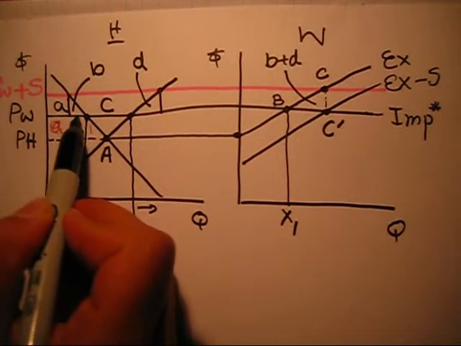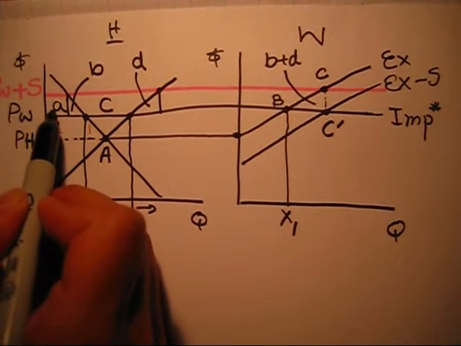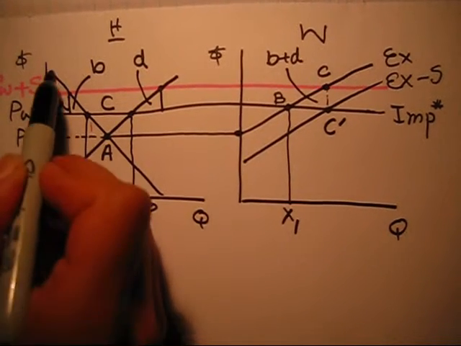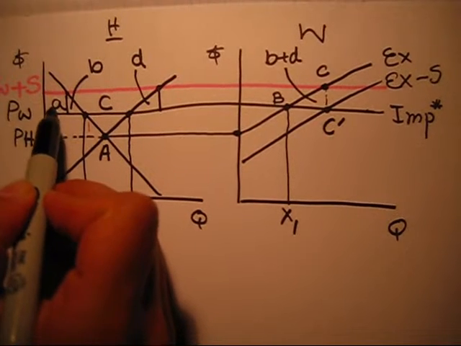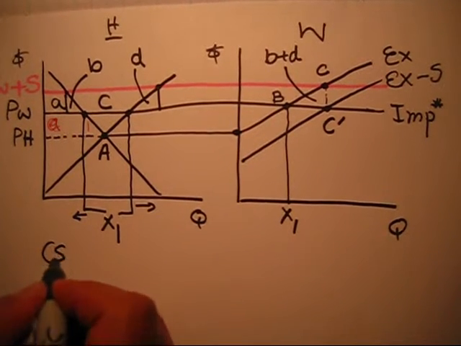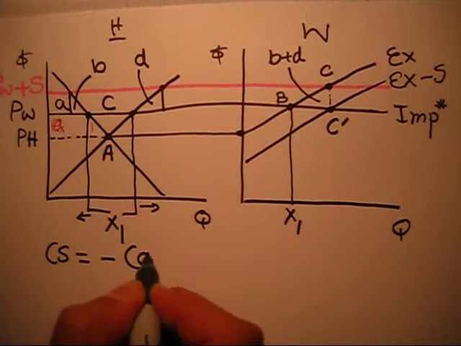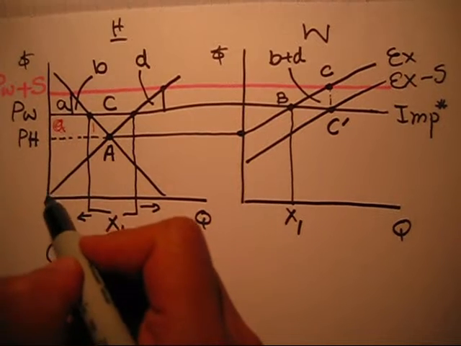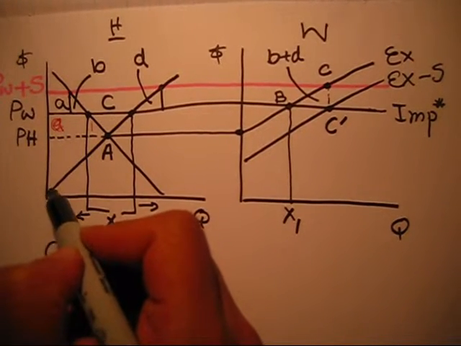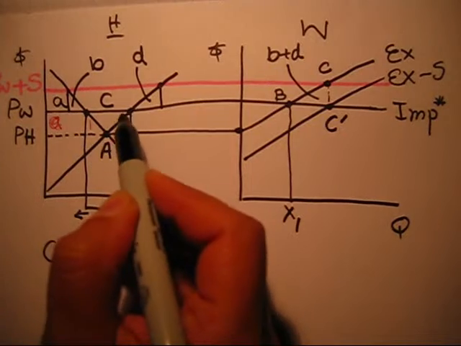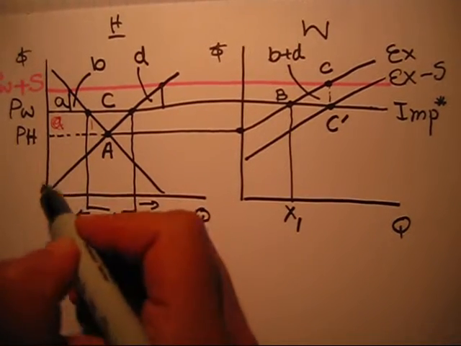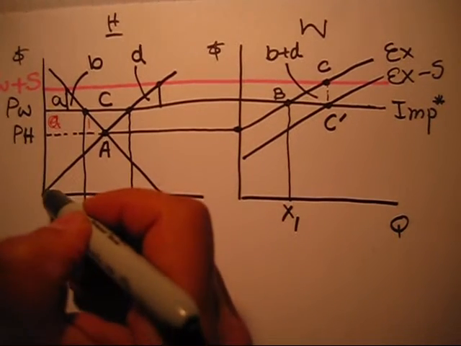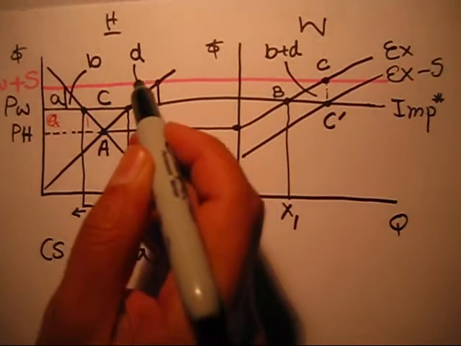When price was PW, it includes areas A and B. When price increases, this triangle is no more this size, it becomes smaller, so there's a loss of areas A and B. Consumer surplus decreases by A plus B. Producer surplus, the area above the supply curve, originally at PW was starting from here up to PW, but when PW increases to PW plus S, this area becomes bigger.